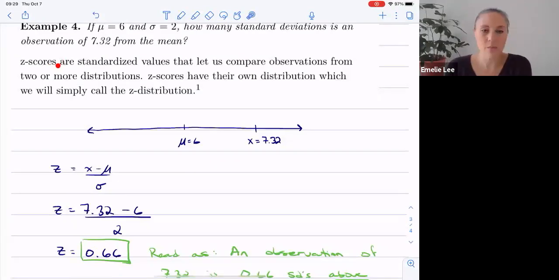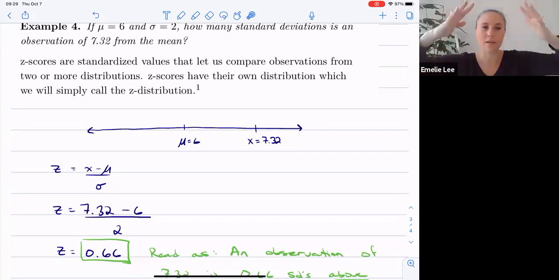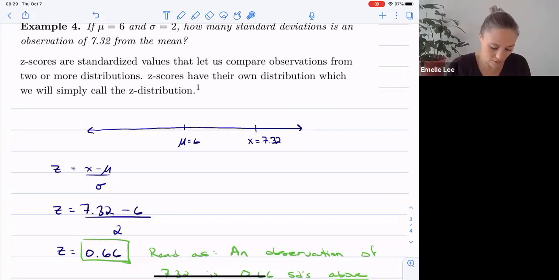What's nice about z-scores is that they're standardized values. It doesn't matter what the mean is or what the standard deviation itself is. Once you've calculated a z-score, the mean is going to shrink down to 0, because how far is 6 from 6?